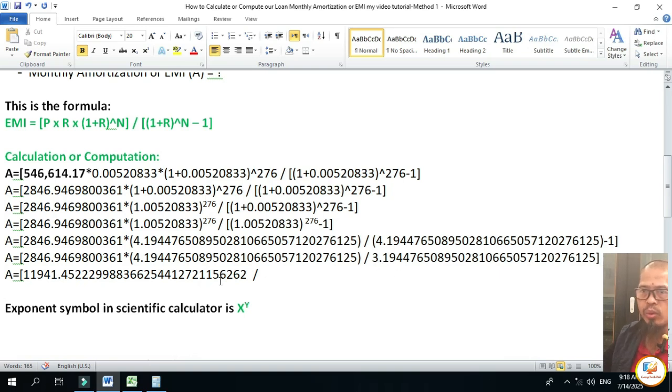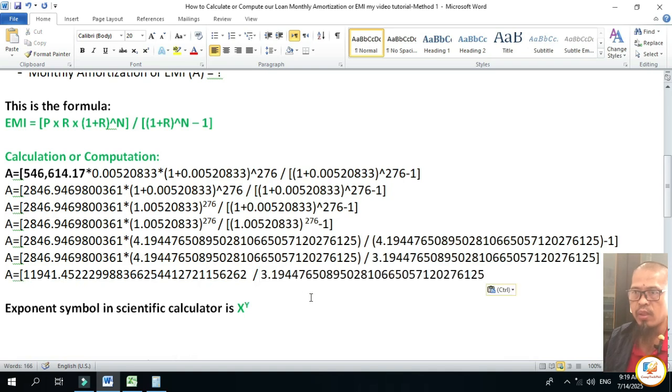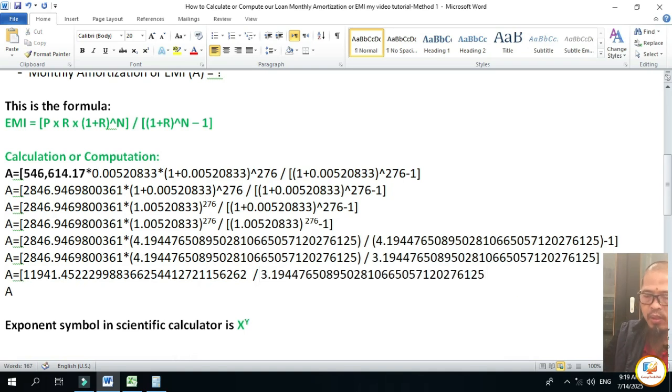So we are going to divide this one after we multiply this one, the product of this one is 1.941. So we're going to put here. Okay, and this is our almost final answer.